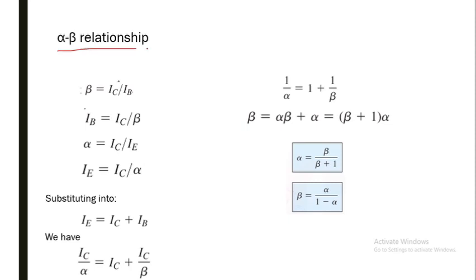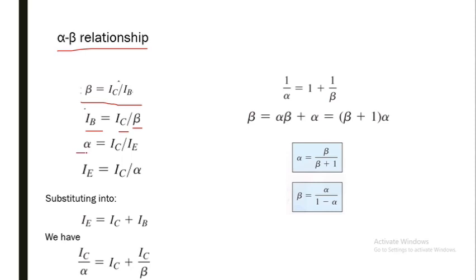Now we can find a relationship of alpha to beta. We know beta is equal to IC over IB, and IB is equal to IC over beta.